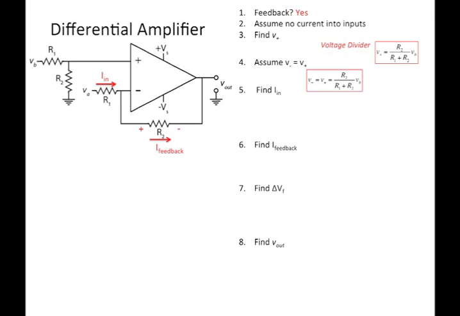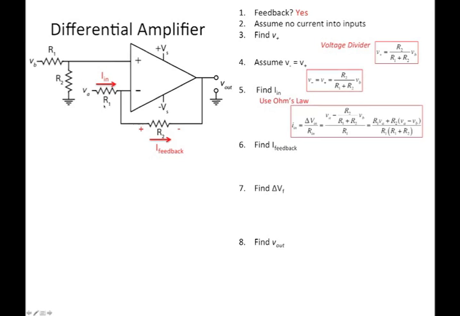We assume V minus is equal to V plus, whatever our voltage divider gave us from the last part. Once we know V minus, we can find the change in potential across this R1 right here, and we can find the current into the junction.